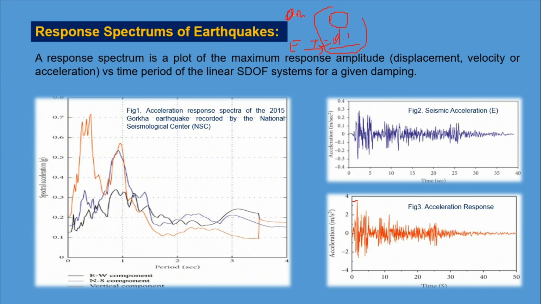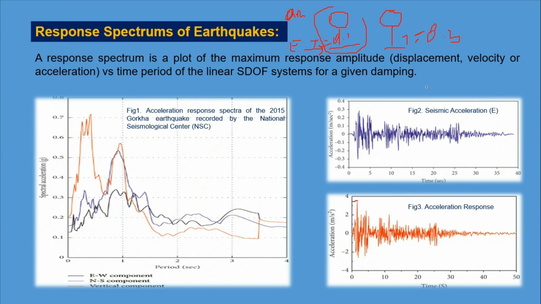By increasing the height of the single degree of freedom system, we can attain another time period. Let us consider another system with a time period of 0.3.